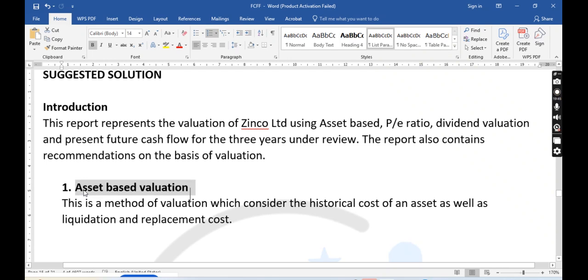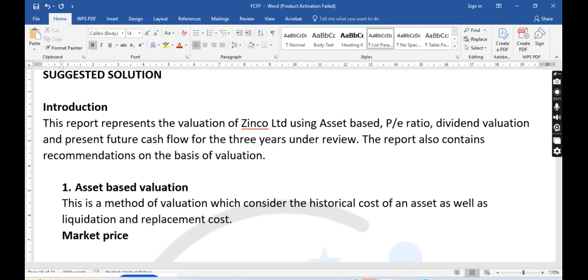Now, what is the formula, class? When you want to get the market price, I will write the formula, but I will remove it from my report. You are not supposed to put the formula inside the report. So market price is equal to total assets minus total liabilities, divided by the number of shares.